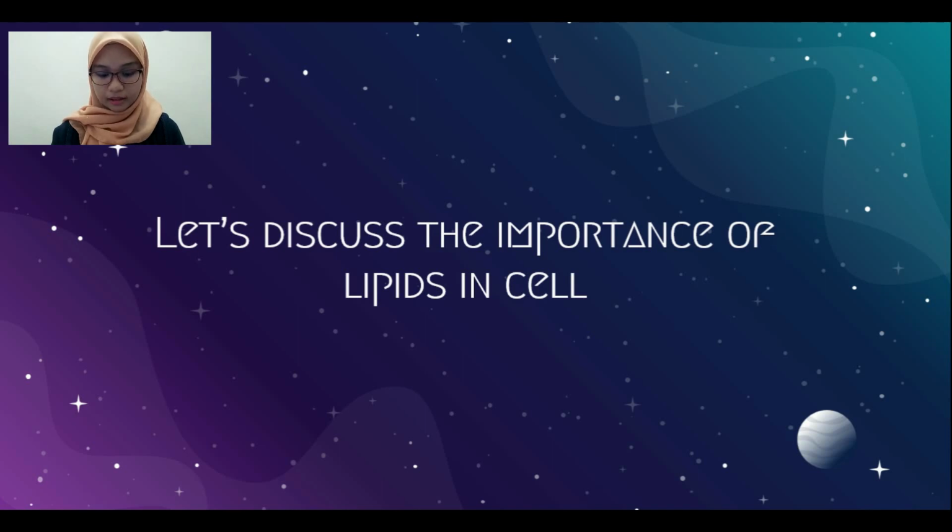And glycolipid will ensure the stability of the plasma membrane, and cholesterol is important in steroid hormone synthesis. So these are all the things in lipids, and we will continue with the next subtopic.